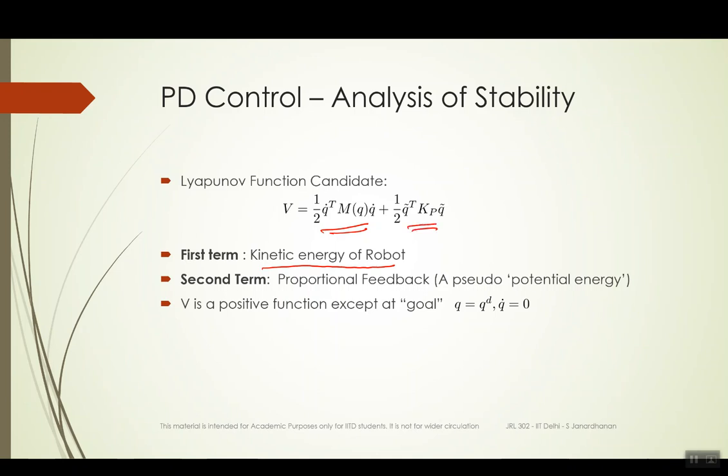The second term represents a sort of potential energy, a pseudo potential energy, because it is zero only when the robot is in the desired location, and it is positive elsewhere. So this potential energy term can be only positive, not negative. Okay, and V is a positive function at all points except at the goal. At the goal, it would be 0.